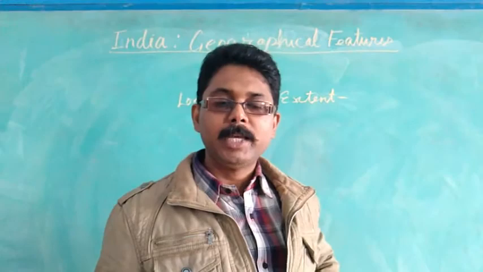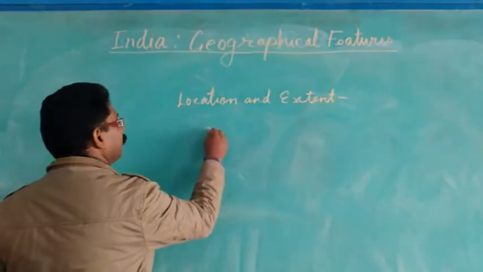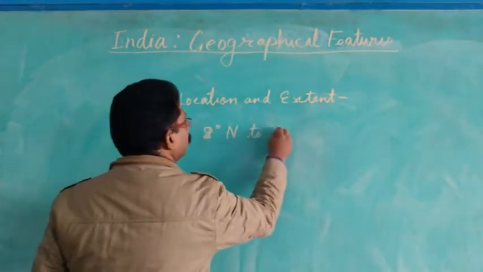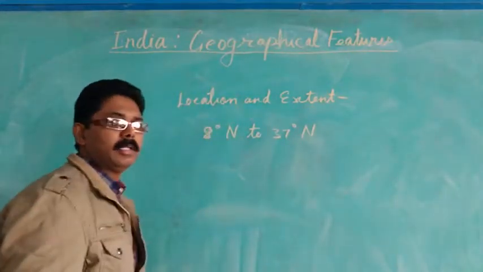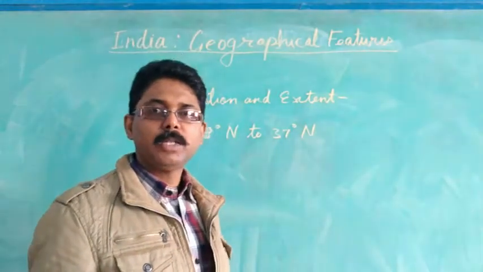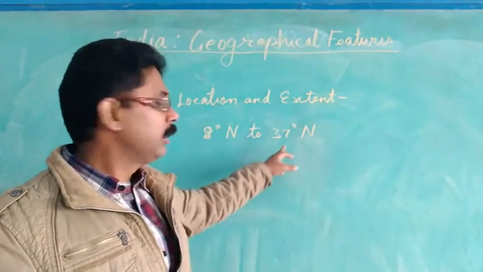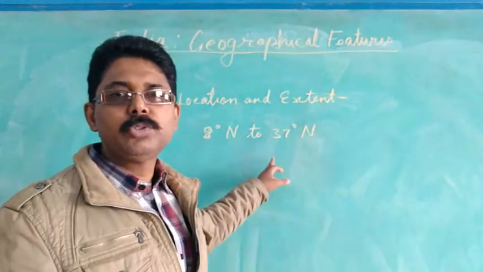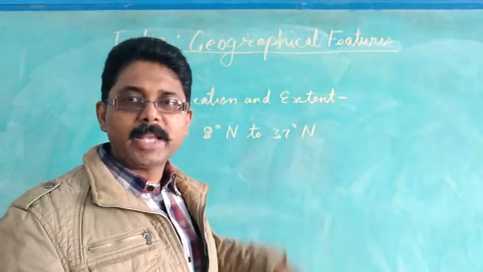India lies between 8 degree north up to 37 degree north latitude, and this is known as the latitudinal extent.